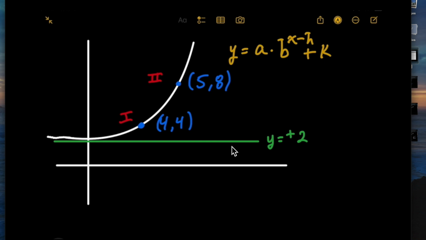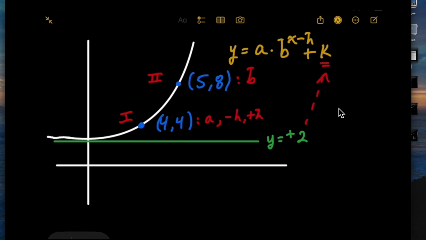The way this works is we're going to use Roman numeral 1, that point, to find our a value and to find our exponent here, whether we're going to have minus h or plus h. And we already have the k value, that is the horizontal asymptote. And then we're going to use Roman numeral 2 to find our b value, and we will have everything we need to complete that yellow equation.